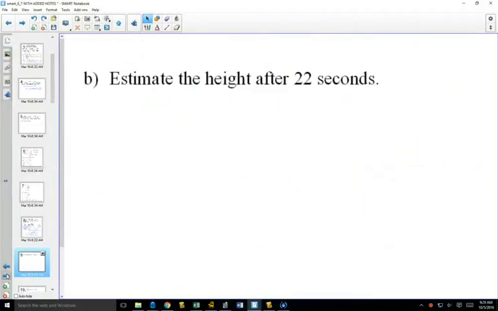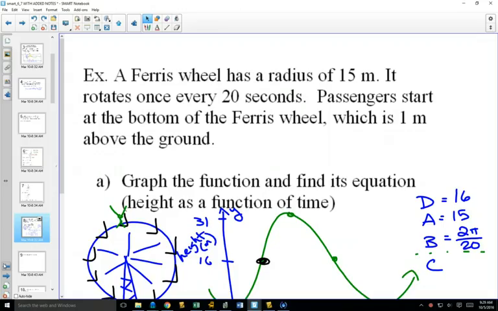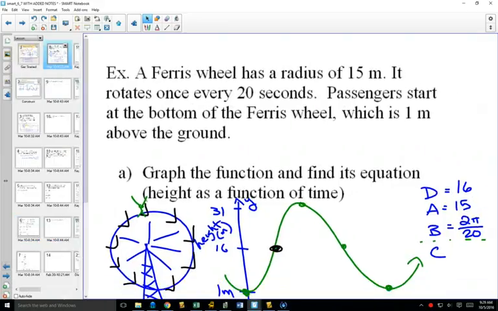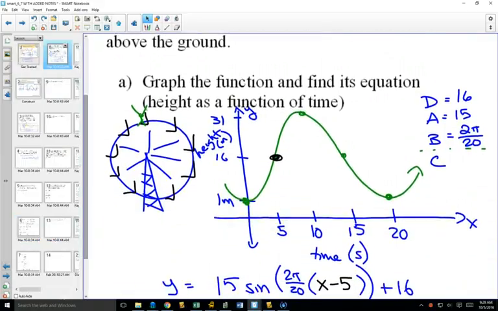Now in part B, it says estimate the height after 22 seconds. The word is estimate. That means you can just look at your graph. Guess where 22 seconds would be? Well, don't guess. You should be able to figure out that it's right there. But then, what do you think that height would be? 4 meters?